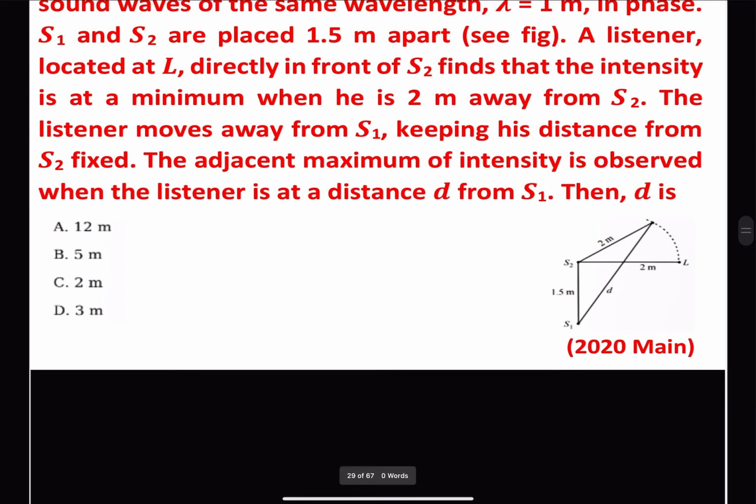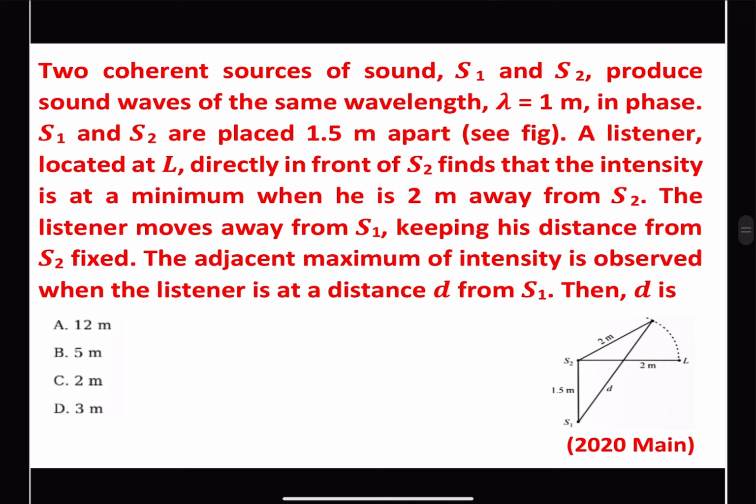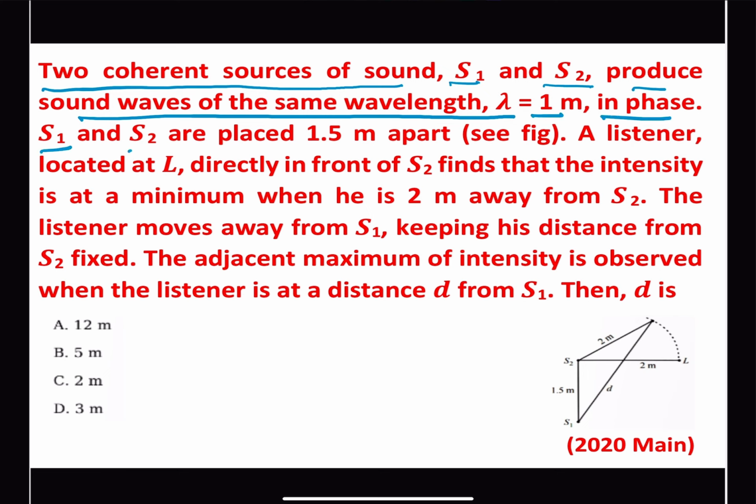Next question. It is given two coherent sources of sound S1 and S2 produce sound waves of the same wavelength lambda, that is 1 meter, in phase. S1 and S2 are placed 1.5 meter apart. See figure.